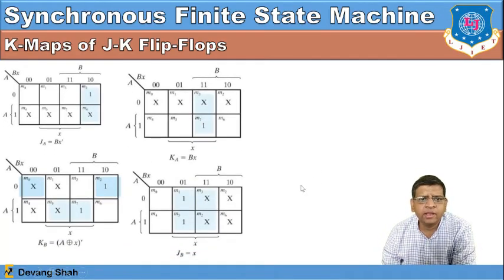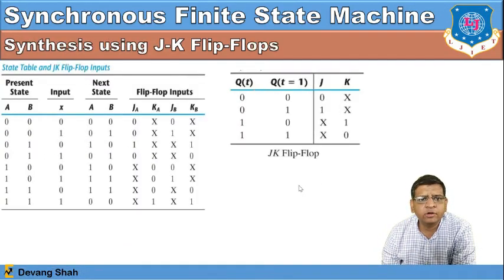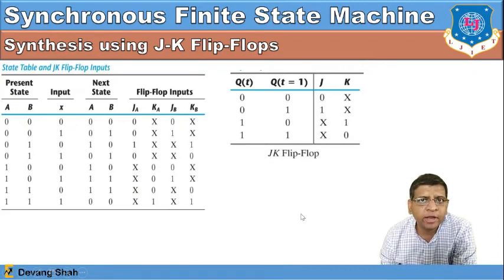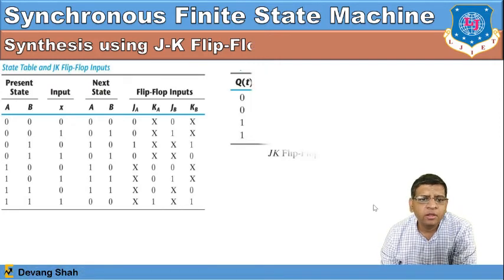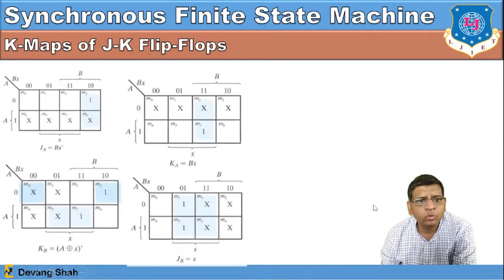Based on that, again, we use this state table. From this state table, we would like to find the Boolean functions of JA, KA, JB and KB using the K map, and you already know this K map terminology.